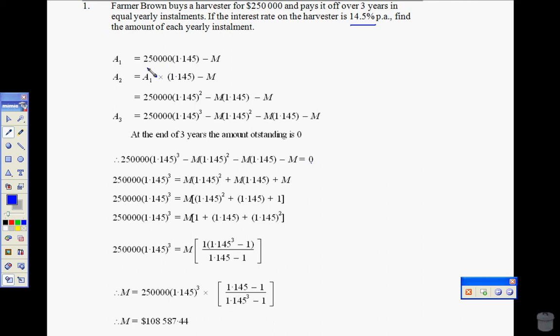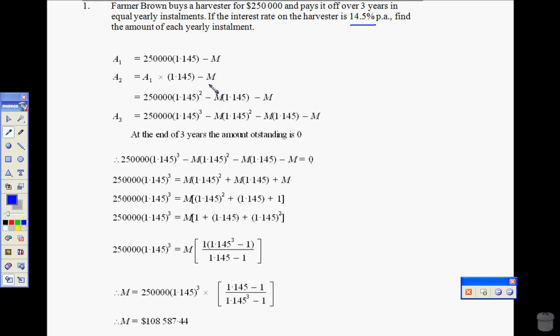So what happens in the second year? We have this amount that's left: 250,000 times the interest rate minus that repayment, and all that's outstanding. That's the idea of compound or reducible interest in this case: interest is only charged on what's outstanding. So we multiply the outstanding amount by the interest rate, and then he's going to make another repayment, so the M gets taken off again.